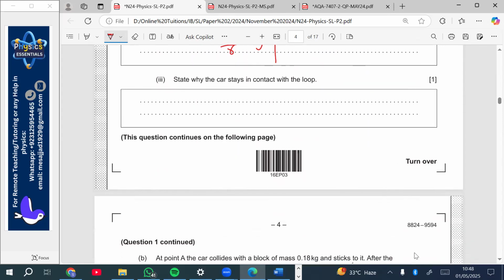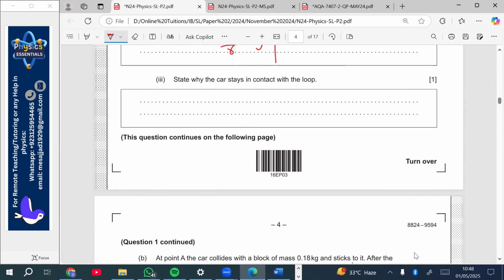State why the car stays in contact with the loop. So it looks like the car at point P has to fall down, but it doesn't actually fall. It stays in the loop because the normal force and the weight are providing the required centripetal force. And what is the required centripetal force?